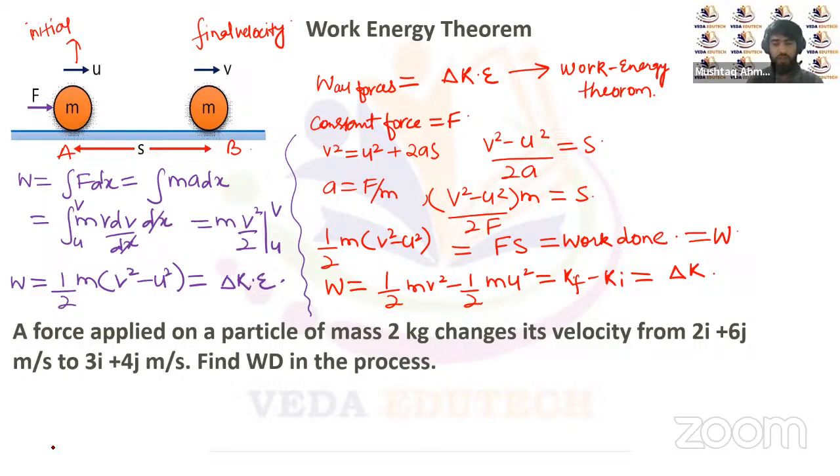If we calculate the magnitude of the initial velocity, it will be equal to under root of 2 square plus 6 square, so 4 plus 36, that will be root 40, or we can write it as 2 root 10 meter per second.